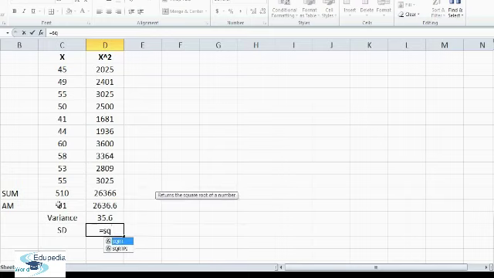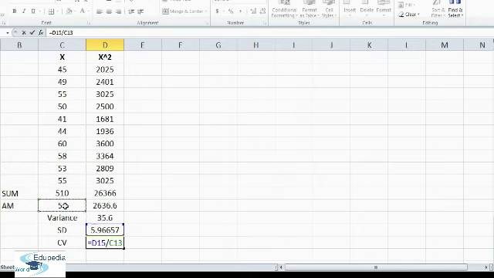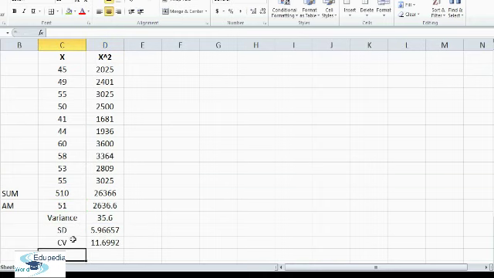We take the square root of this value and then find the coefficient of variation. Again the same, we take this divided by the arithmetic mean and then multiply the whole term by 100. Okay, so we have the coefficient of variation here.